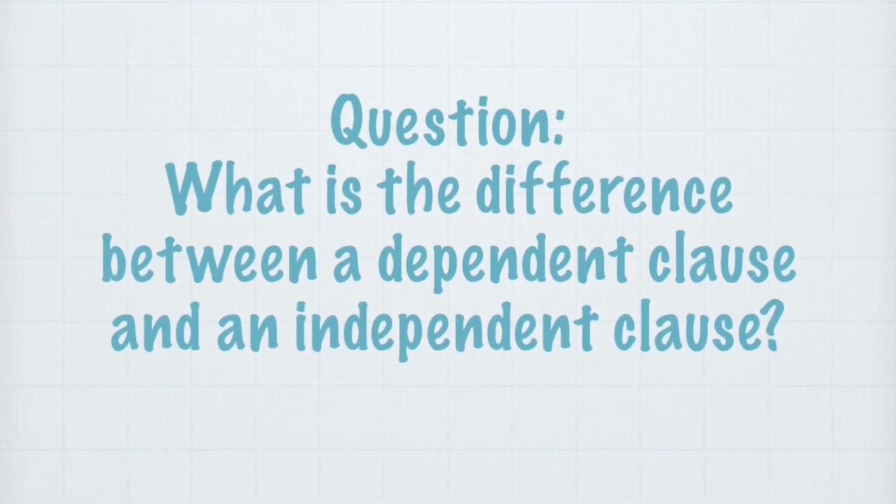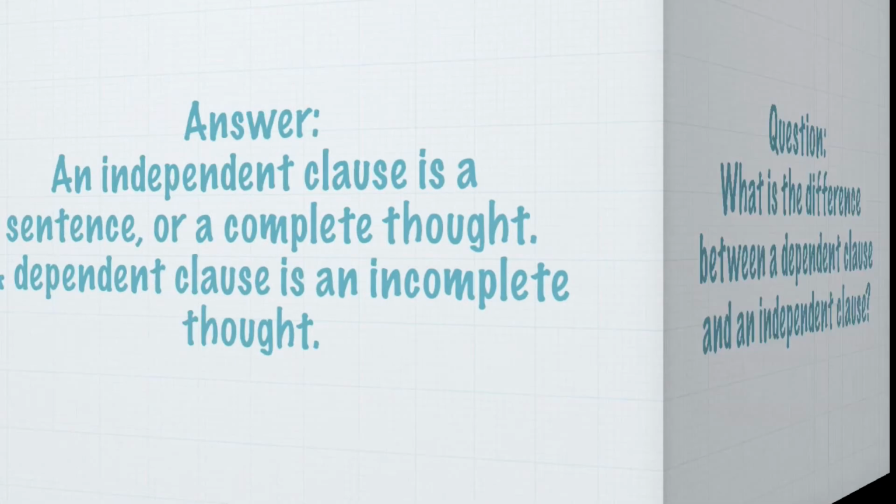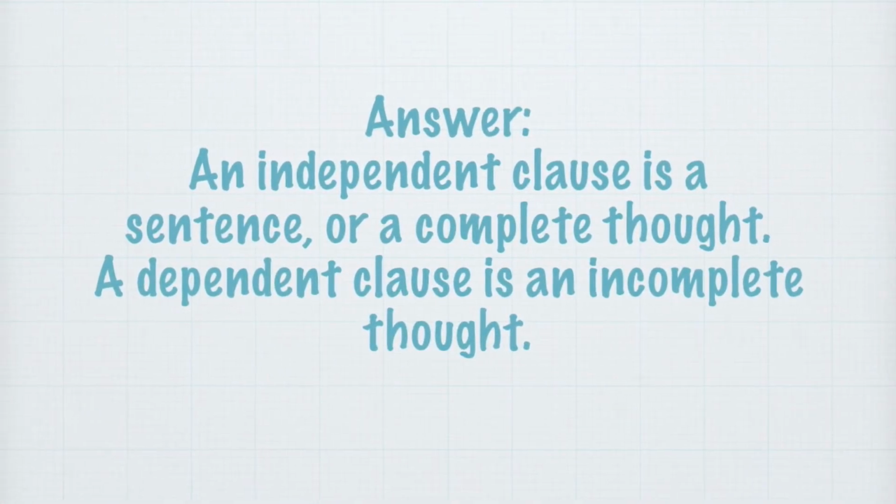What is the difference between a dependent clause and an independent clause? An independent clause is a sentence or a complete thought. A dependent clause is an incomplete thought.